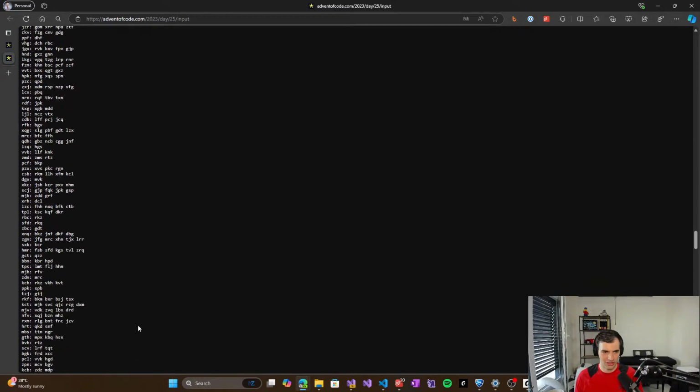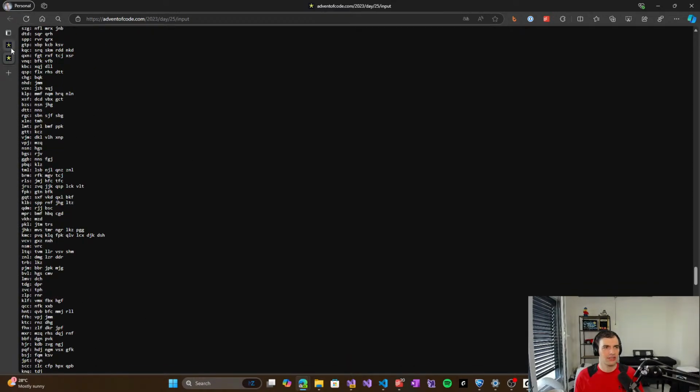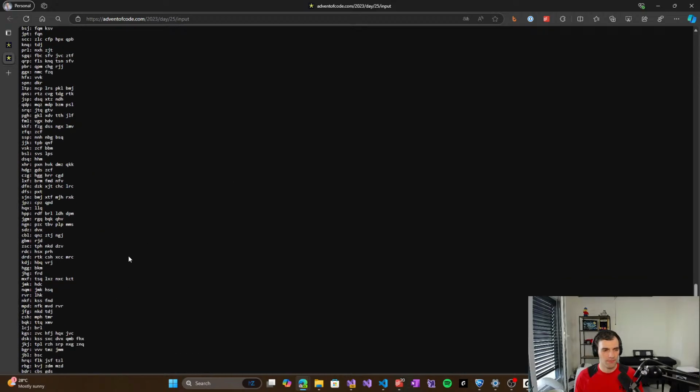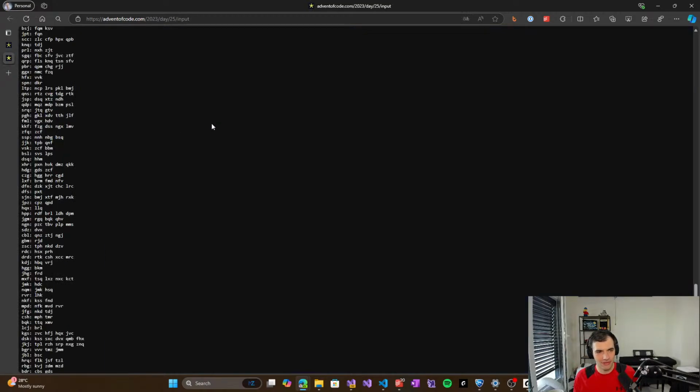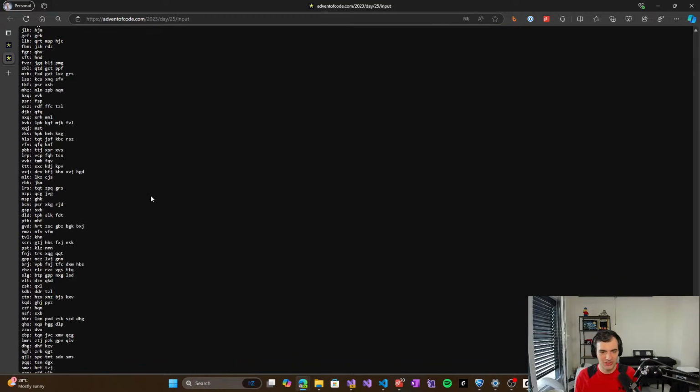There is a lot of edges between all of those nodes, so it's kind of easy to see those edges which are actually breaking up into two components.